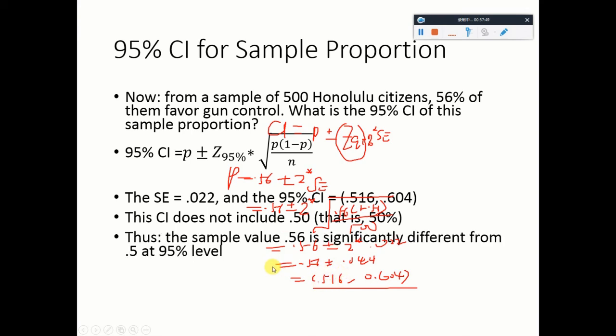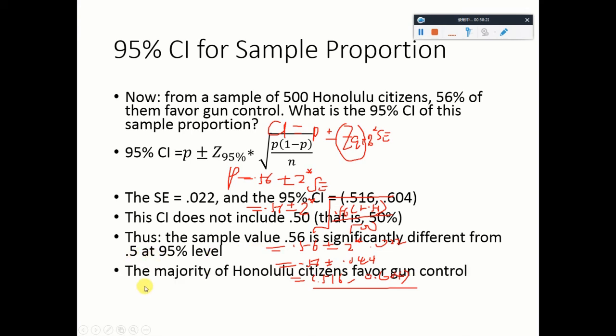So that means, statistically speaking, this value, 0.56, will be significantly different or meaningfully different from 0.50 at the 95% level. Actually, because this interval does not include 0.50, all values within this confidence interval will be meaningfully different from 0.50.